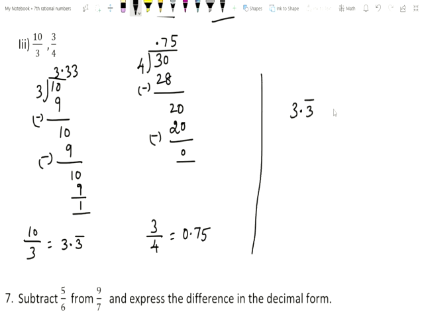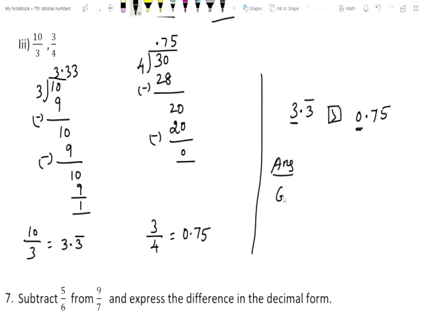3.3 bar and 0.75. Which is greater, children? Here, how can you write this? 3.3 bar goes on. You look at the whole number, then you decide which is greater. So here the whole number is 3. This is 0. So which is greater? 3.3 bar is greater. So therefore, what is the answer?